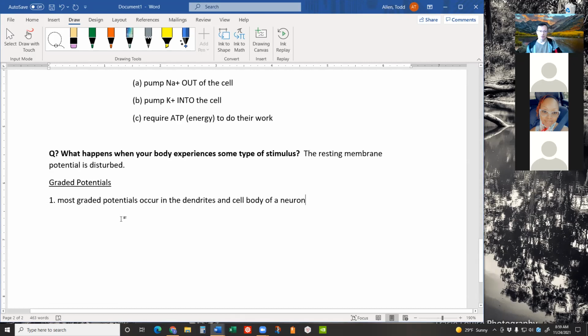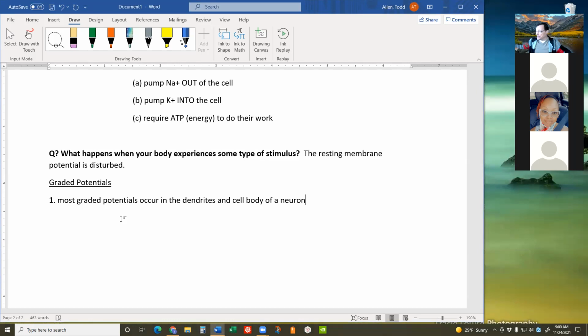But most graded potentials occur in the dendrites and cell body of a neuron in response to some kind of sensory stimulus: physically touching an object, smelling an aroma, a fragrance, a perfume in the air, photons of light hitting the retina in the back of the eyeball, sound waves striking your eardrum and vibrating it inside the inner ear. All of this is going to generate graded potentials in the neurons that are in that region of your body's anatomy.